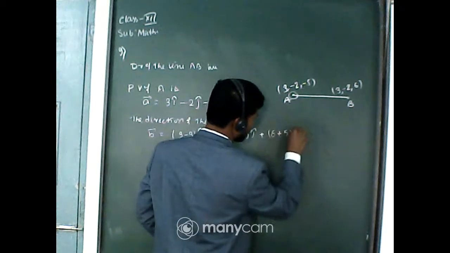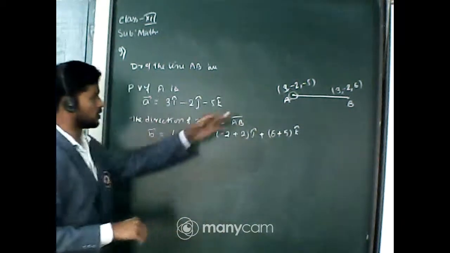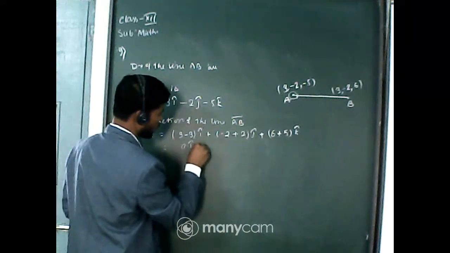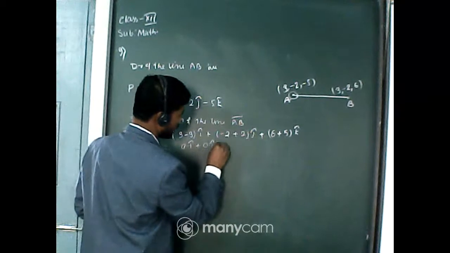So this is the direction ratio of the line. So that is 0i plus 0j plus 11k.